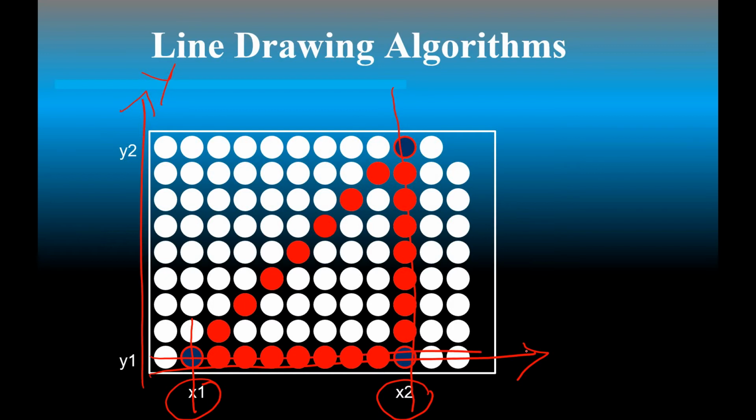This particular point on the y-axis, we call it y1, and this particular point on the y-axis, we call it y2. So if we have this x1, y1, x2, y2, we can draw a line like this. Okay, so we'll try to find out how these lines are drawn.